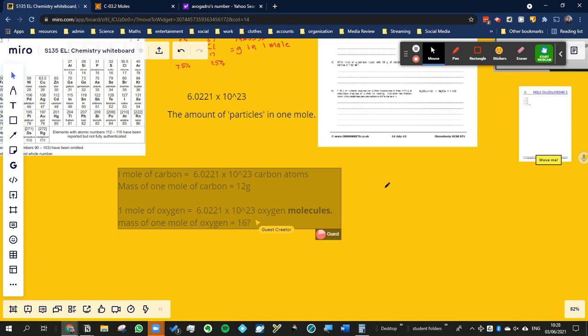So that means each oxygen molecule has 2 oxygen atoms in it, which means there's going to be twice as many oxygen atoms in 1 mole, which in other words means it's going to be 32 grams. So the molar mass of oxygen, which means the molar mass of oxygen molecules, is 32 grams. Okay, so let's just amend that.